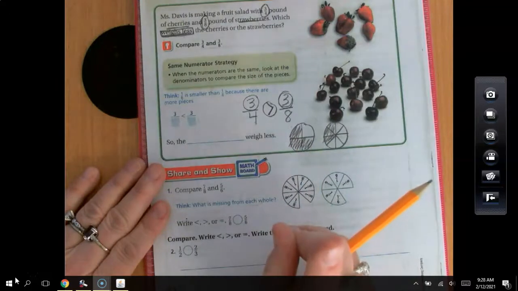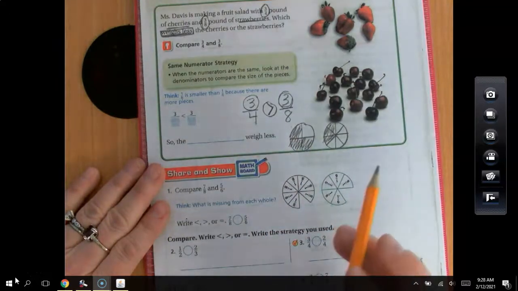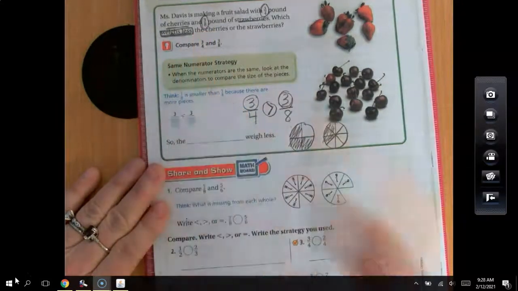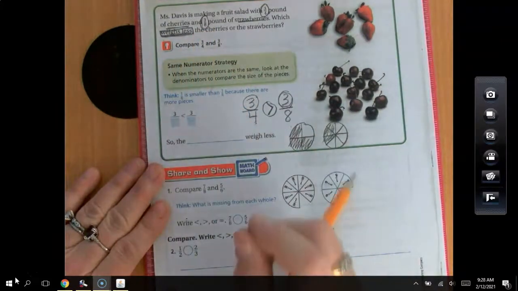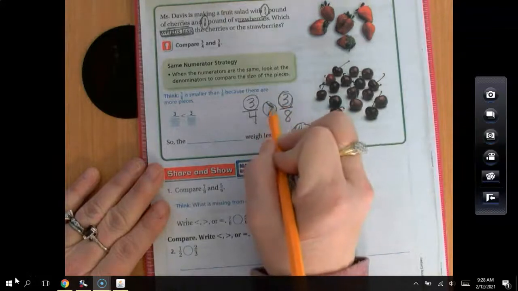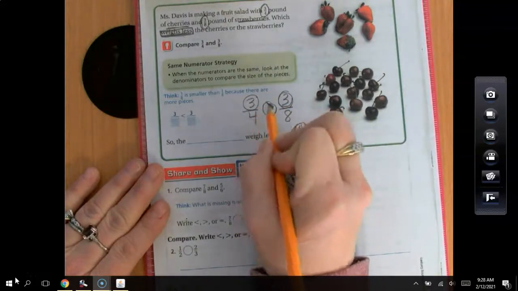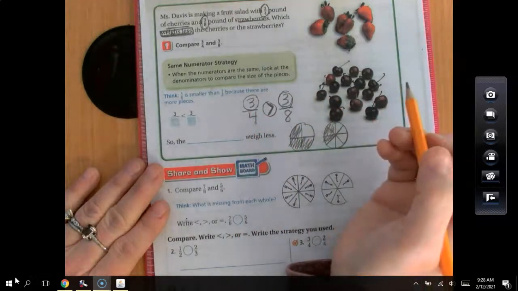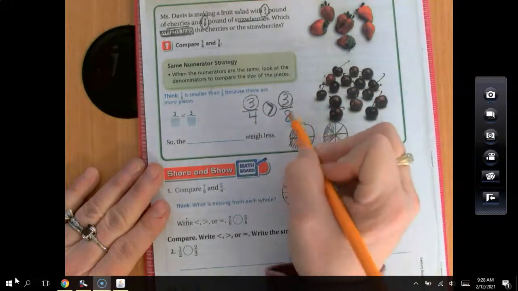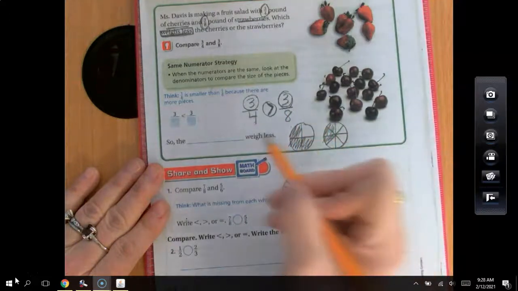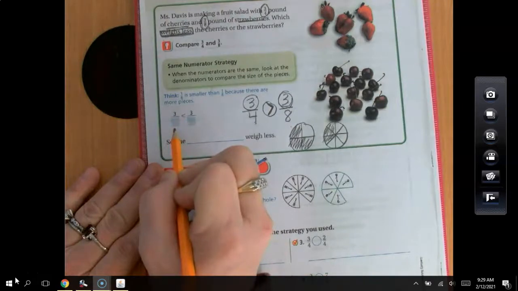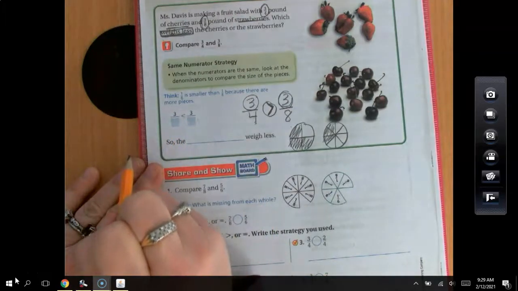But you have to be careful because the question asked, which weighs less? So what fraction is less? Well, I know this is my greater sign right here because my 3/4, my alligator is eating my 3/4. So what fraction is less? My 3/8. So you have to make sure when you do it like this and you copy it over, you need to make sure you put the fraction in the correct spot.